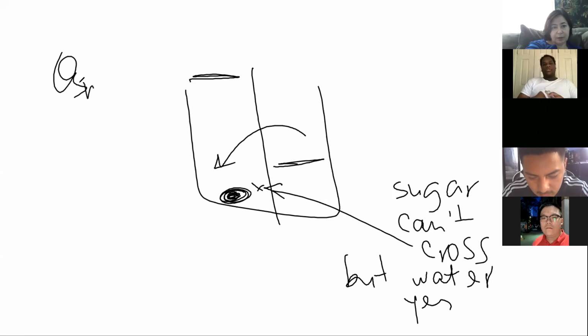This is osmosis. Osmosis is different from diffusion.